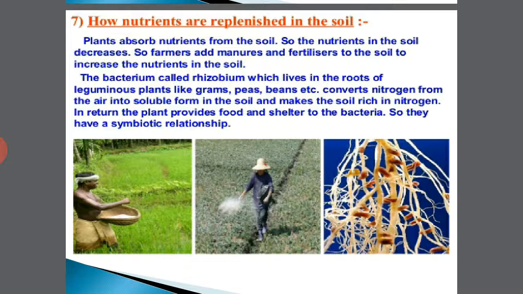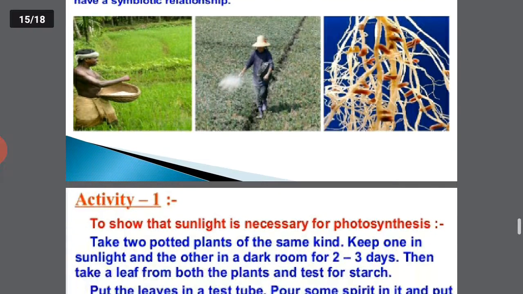So plants will not take it directly, they will take it in soluble form, and they will take it through the soil only. In return, the soil becomes rich in nitrogen. In return, the plant provides food and shelter to the bacteria, so they have a symbiotic relationship with each other.